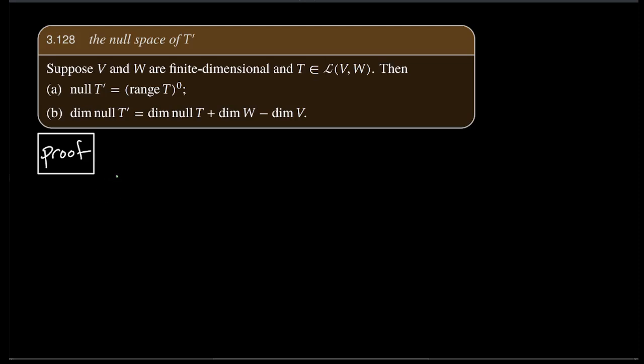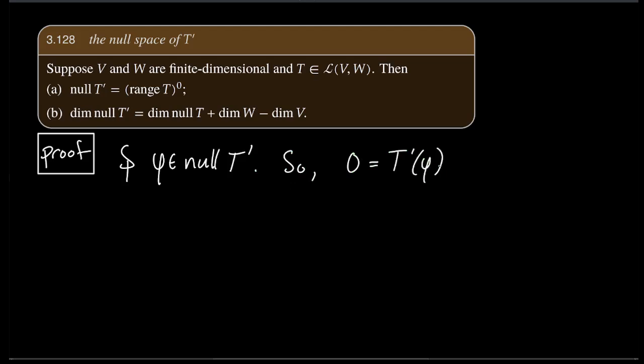Okay, cool, let's start. So B, I promise, is actually a very easy part. A is the only part that we actually have to do all that much for. So let's suppose that phi is in the null space of T prime. So 0 is equal to T prime of phi. That's what it means to be in the null space. All right, and keep track of it.